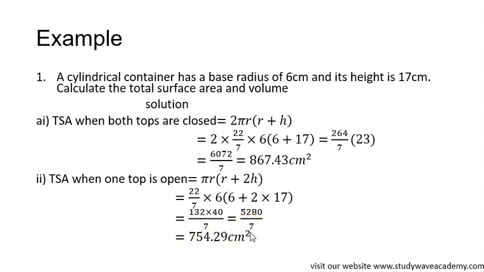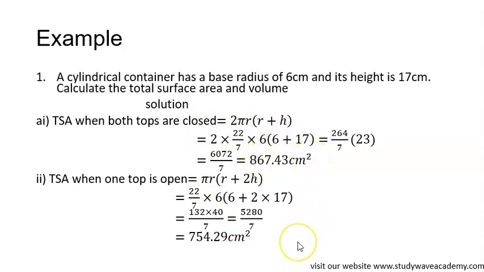Do you understand that? So when one top is open and the other is closed, the total surface area is 754.29 centimeters square. I hope you're not confused. When both tops are closed, the total surface area is 867.43 centimeters square.